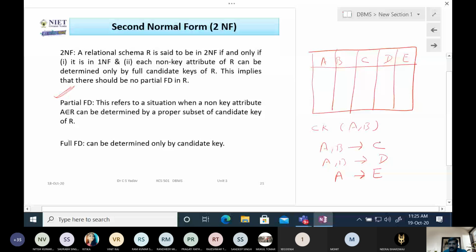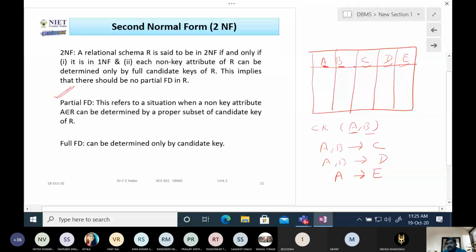The attributes which form the candidate key are called prime attributes. Since the candidate key consists of attributes A and B, A and B are prime attributes, or key attributes, because they form the candidate key. The rest of the attributes are not involved in forming the candidate key, so they are called non-prime attributes or non-key attributes.